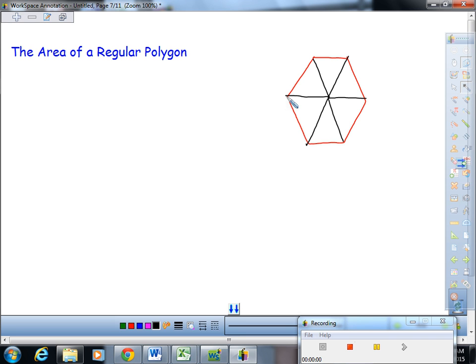All right? So a hexagon can be represented by 6 congruent triangles. So some smart person was like, well, why don't we just find the area of one triangle and multiply by 6? And that's exactly what we're going to do.